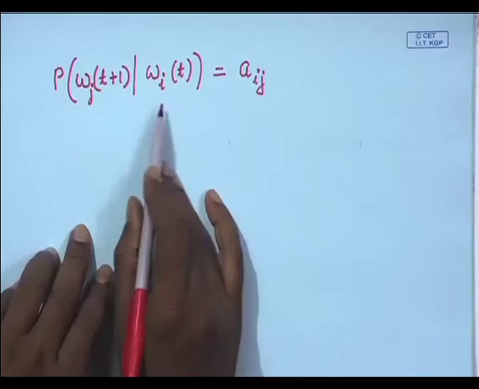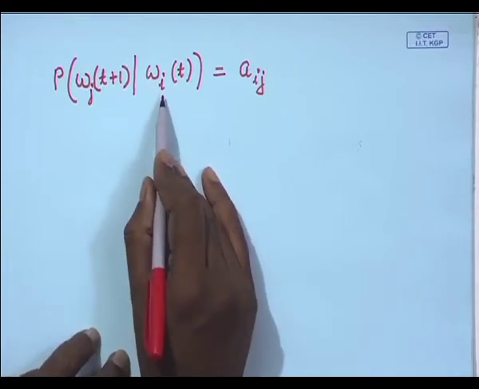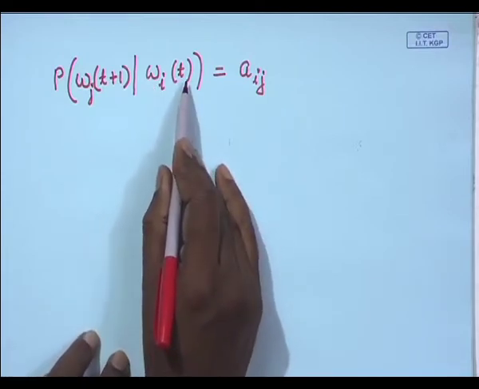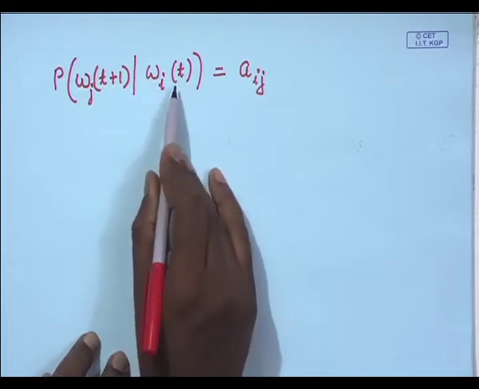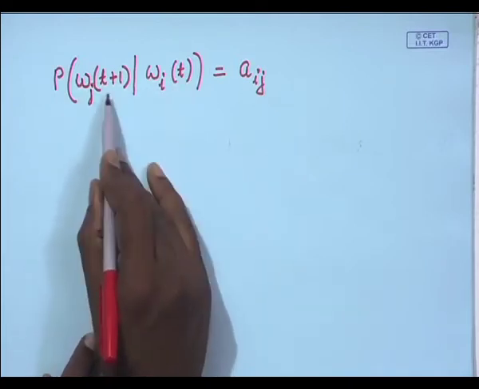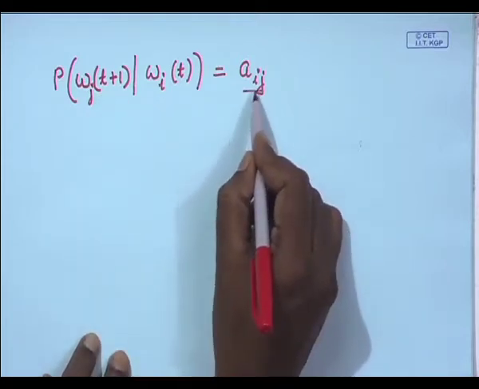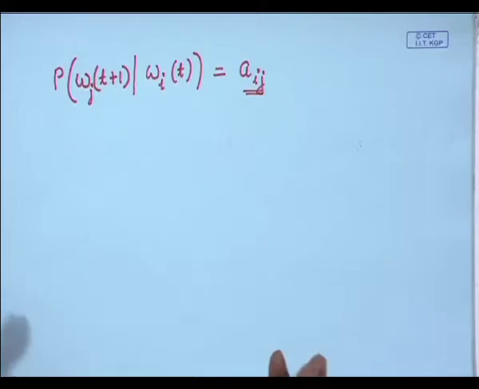So, that is what we are saying over here: if the machine was in state omega i at time instant t, then the probability that it will make a transition to state omega j at time instant t plus 1 is given by Aij. So, this is the probability of transition from state omega i to omega j. It is also possible that the machine will make a transition from omega j to omega i.